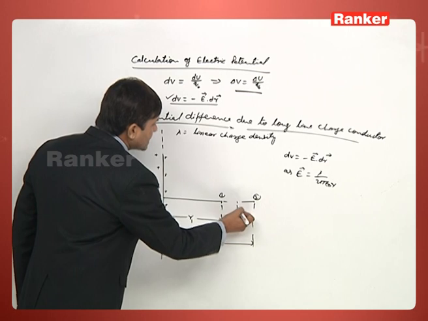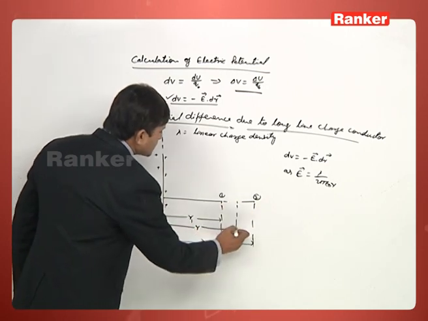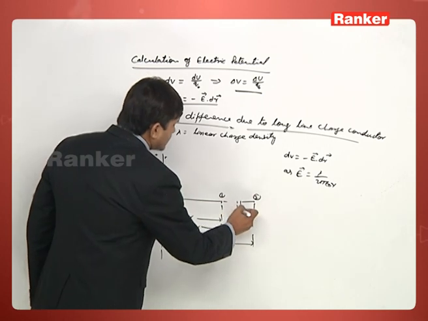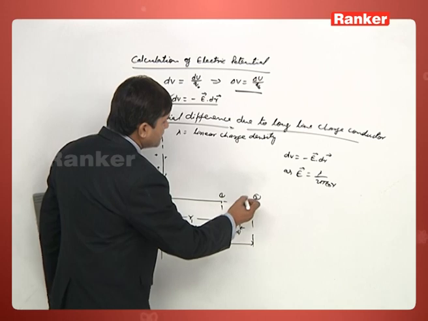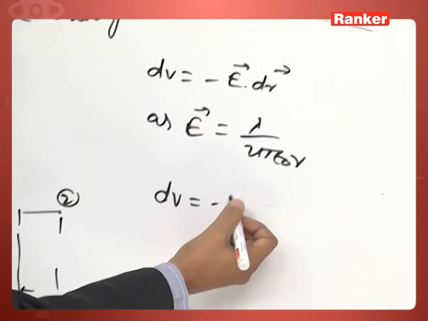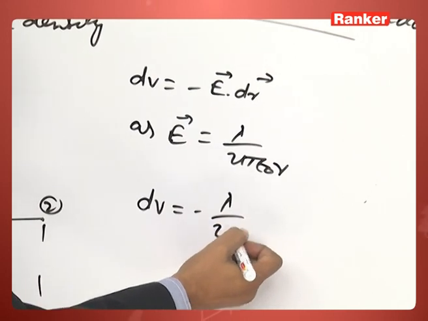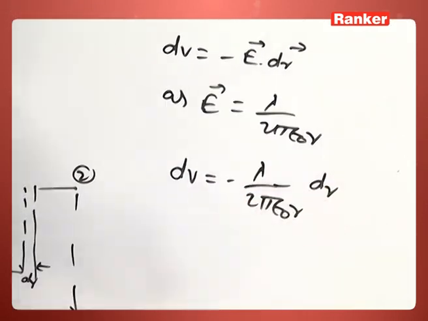So at any certain point, here we are taking the element at dr. So dV between these 2 points is written as minus lambda by 2 pi epsilon naught R dr.